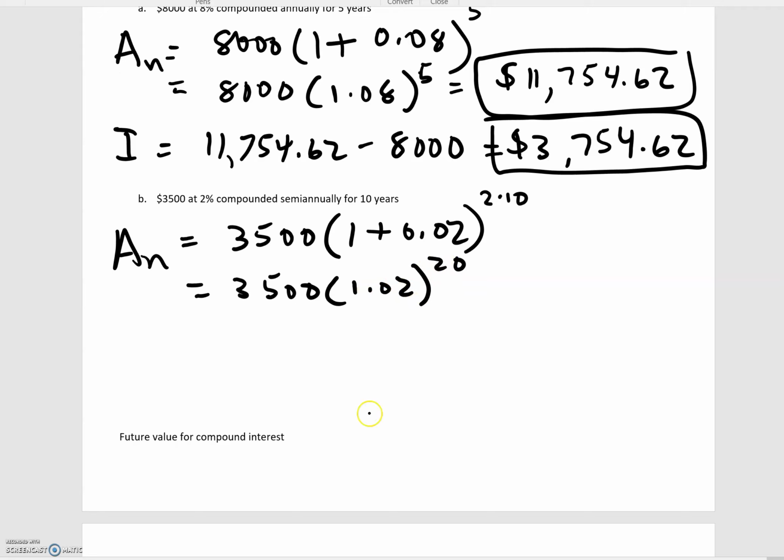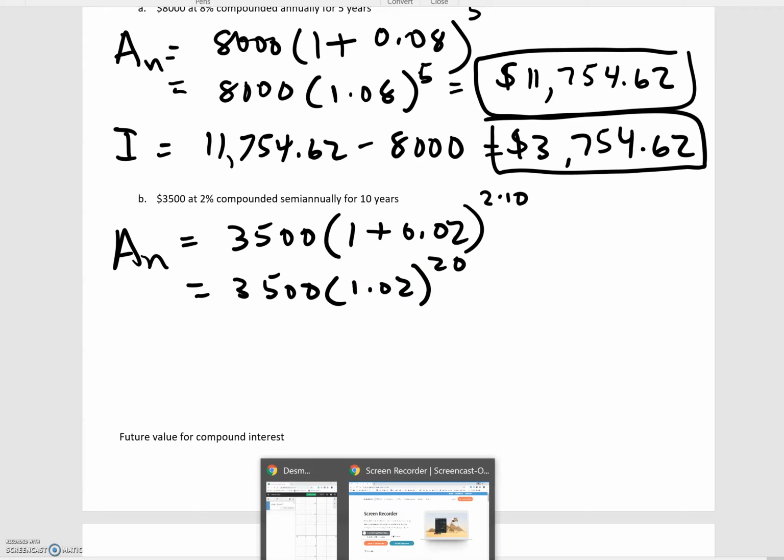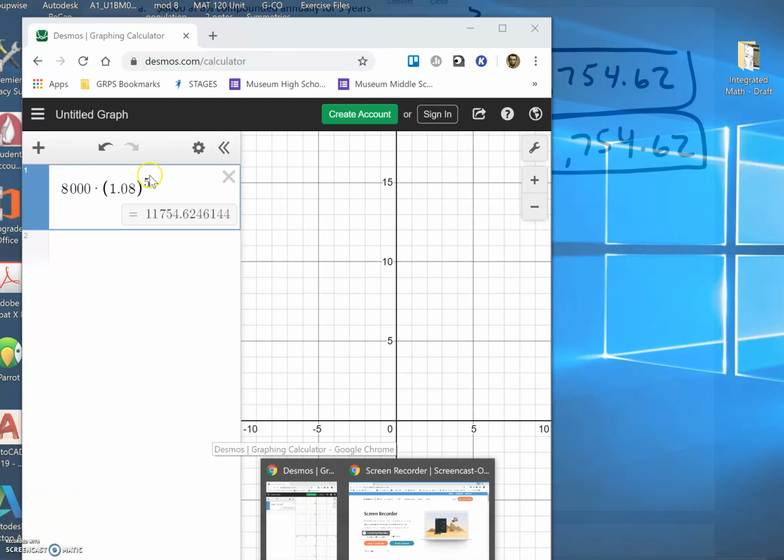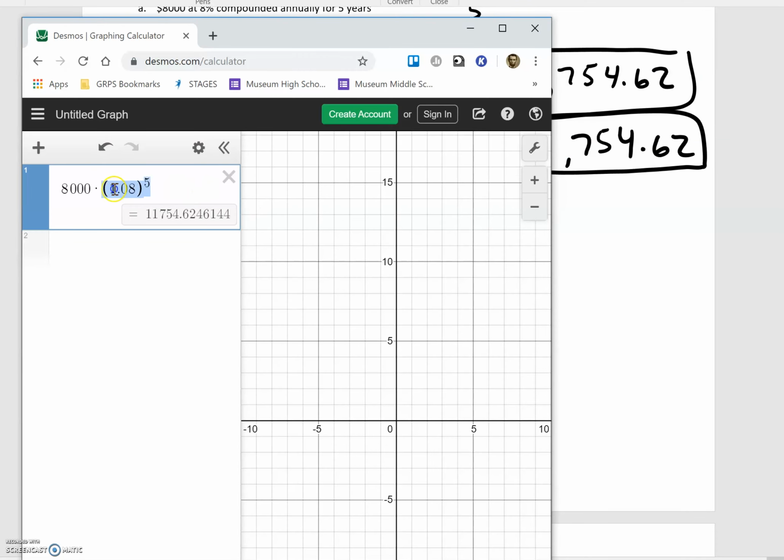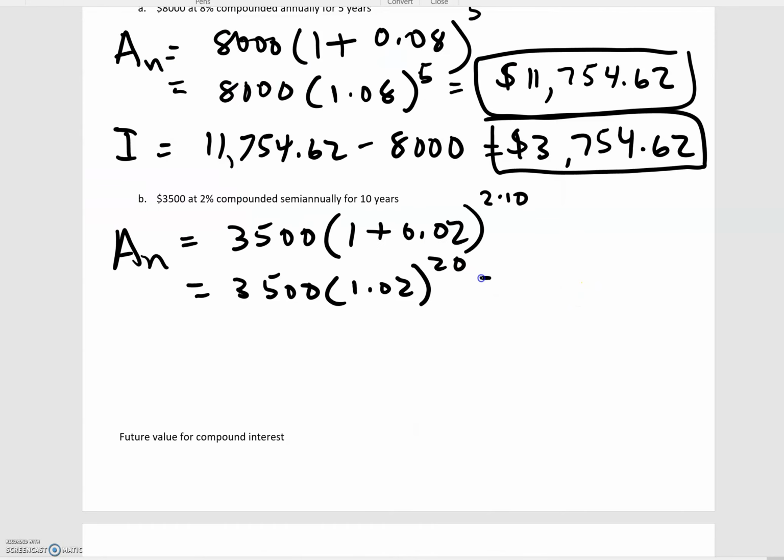And now we're at a place where we can put this into a calculator. 3,500 times 1.02 to the 20th power. So it looks like our total payment is $5,200, and we'll round to 82 cents.